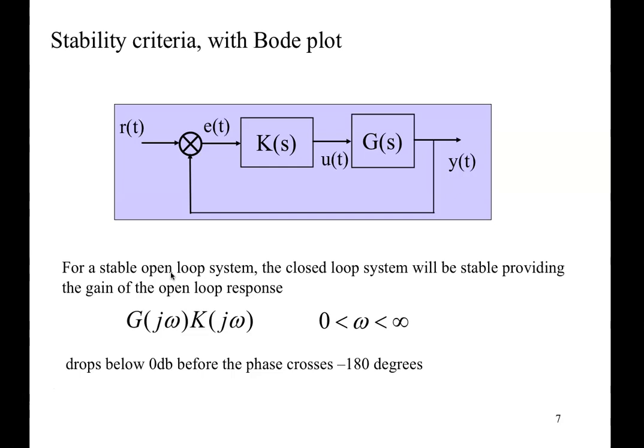And you draw the Bode plot of K times G, the closed loop system will be stable, providing that the gain plot, or the magnitude plot, gain and magnitude are the same thing, okay, of the open loop response, that's K times G, goes below 0 dB, that is, crosses 0 dB, before the phase plot crosses minus 180 degrees.